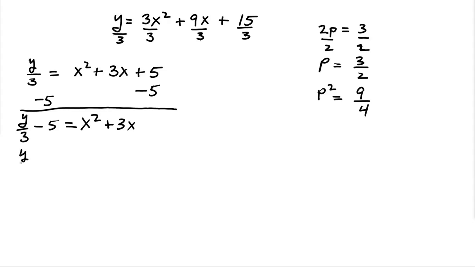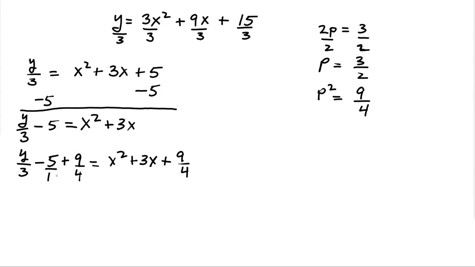So y over 3 minus 5 plus 9 over 4 equals x squared plus 3x plus 9 over 4. Now I have to combine these two, so think about adding fractions.